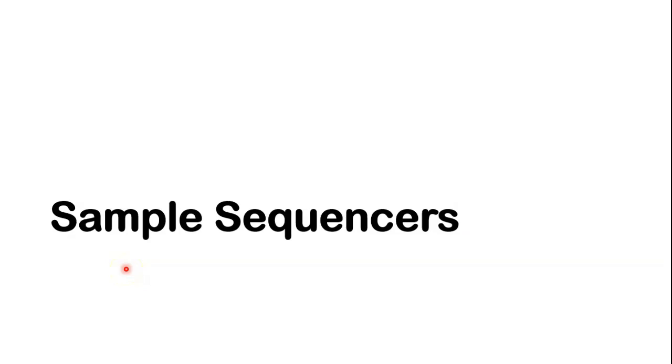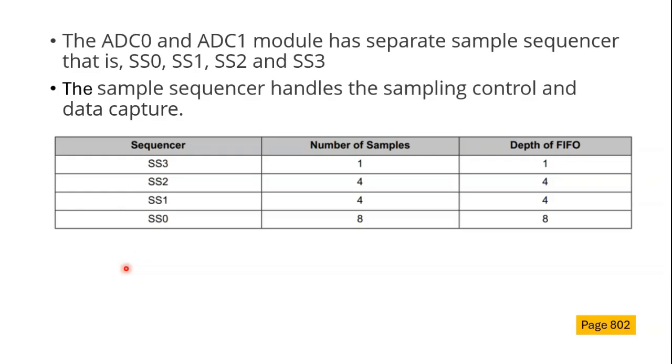Sample sequences. The ADC0 and ADC1 modules have separate sample sequences, that is SS3, SS2, SS1, and SS0. Now, before I go any further, let's remind ourselves, where are these sample sequences located?